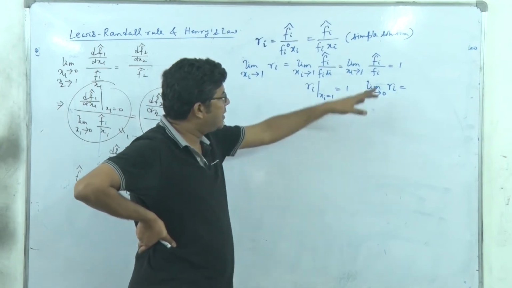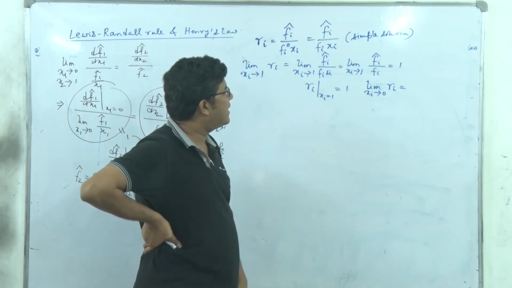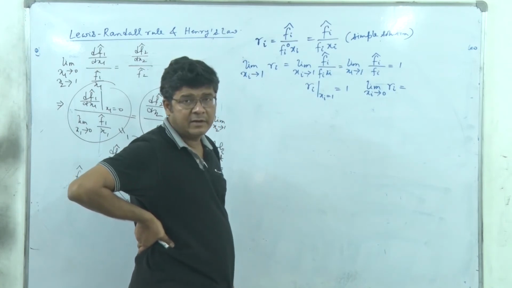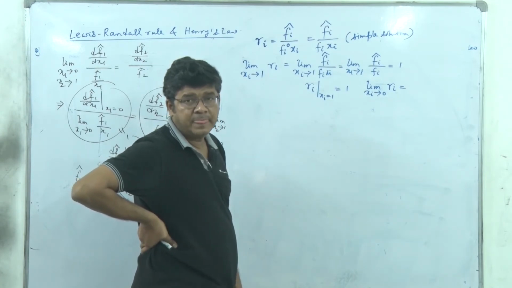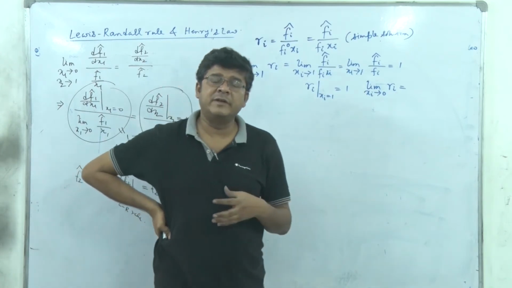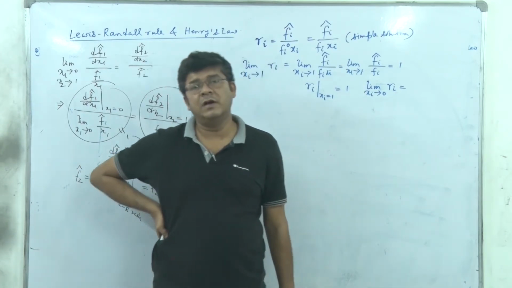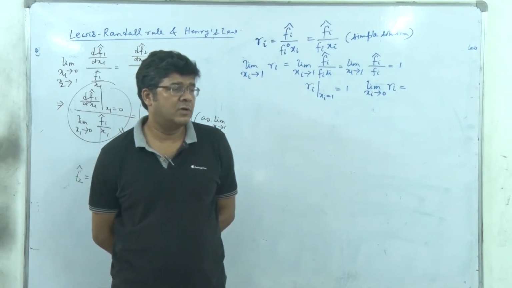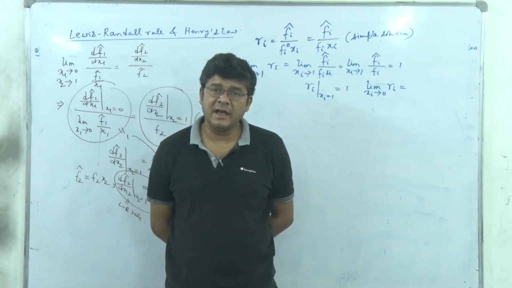We know that ln gamma i is a partial molar property, and all partial molar properties converge to a system-specific characteristic value at infinite dilution.